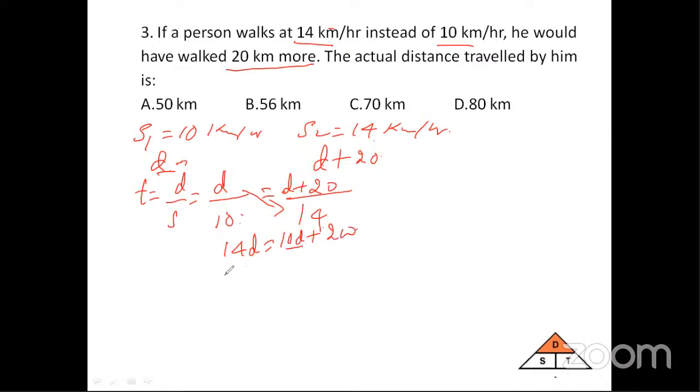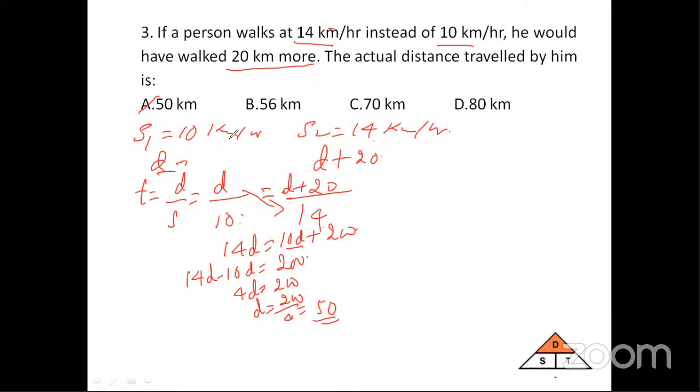If we send this 10D this side, it becomes 14D minus 10D is equal to 200. So 4D is equal to 200. D is equal to 200 by 4, that is nothing but 50. So the answer is 50 kilometers. That is option A.